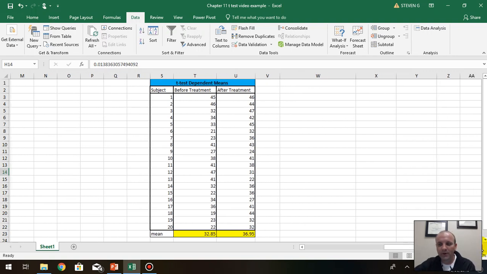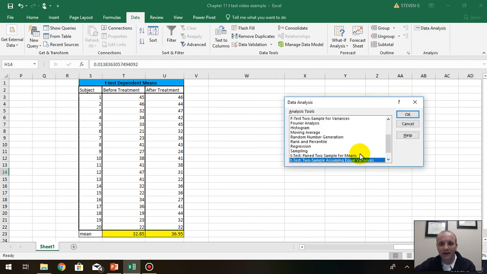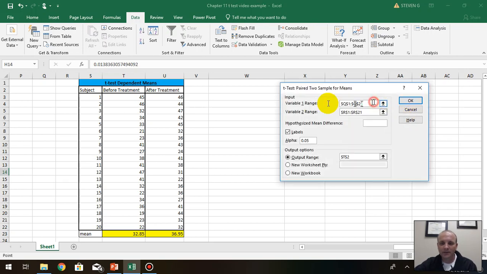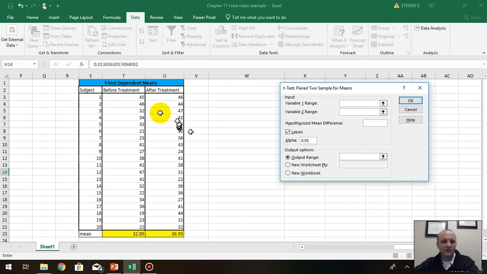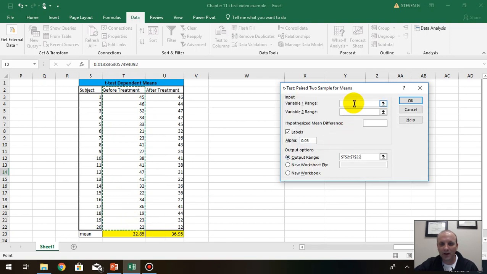Since this is a before and after type of test, we can go to our data analysis tool, and we can use the paired t-test, the t-test for paired two samples for means, okay? And here, it's still saved, but I'm going to go to the before treatment here. Got that column in variable one.